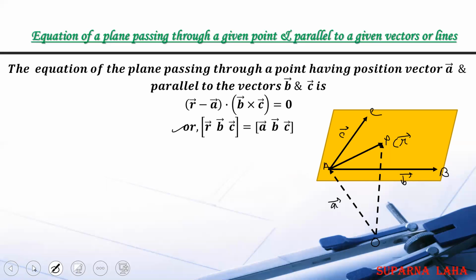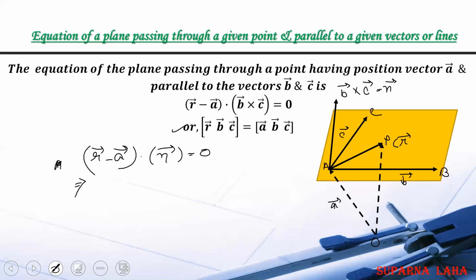So we need to find the equation of the plane. Now this AP is definitely perpendicular to this B cross C, right? And we take this as vector N. So we can write vector AP, that is vector r minus vector A, dot product with vector N. Since they are perpendicular, the dot product will be 0.